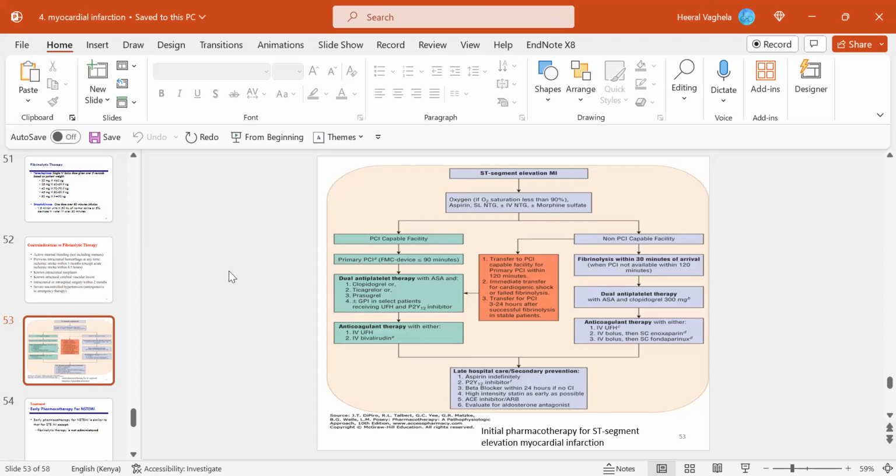And after you've put in the stent, you give dual antiplatelet therapy, the same as in ischemic heart disease, with aspirin and clopidogrel, usually given for 12 months.